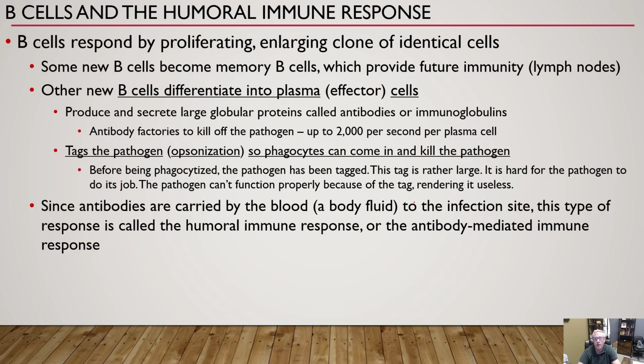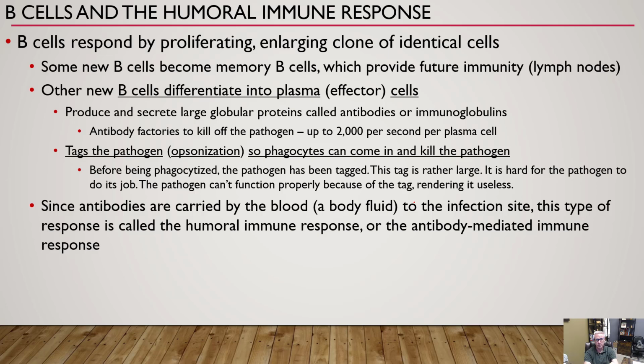We also call those effector cells. Remember, B cells are also called plasma cells, but now we're going to call them effector cells. And they're going to produce and secrete these large globular proteins called antibodies. Remember, those are in the bloodstream. We also can call them immunoglobulins.